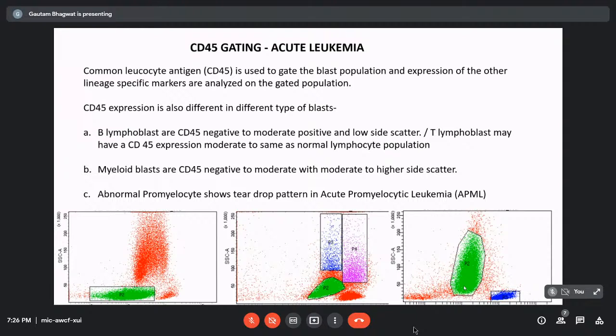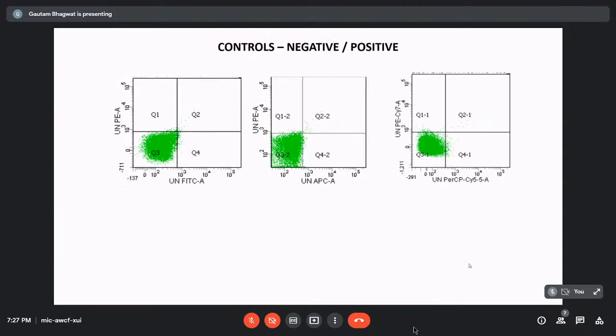Because of this complex granularity and complexity of the cell, these acute promyelocytic leukemias would give you this teardrop-like appearance. Again, I would like to mention this is not a rule, but mostly you would see these patterns. There are always variations possible.